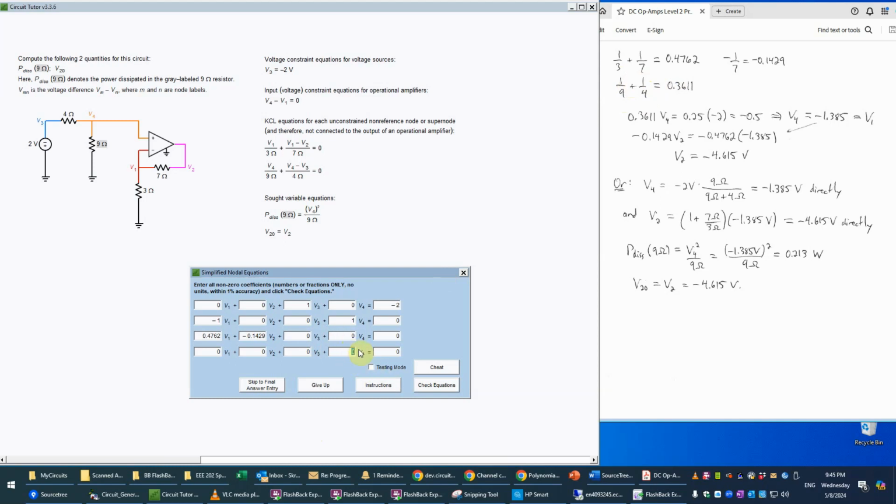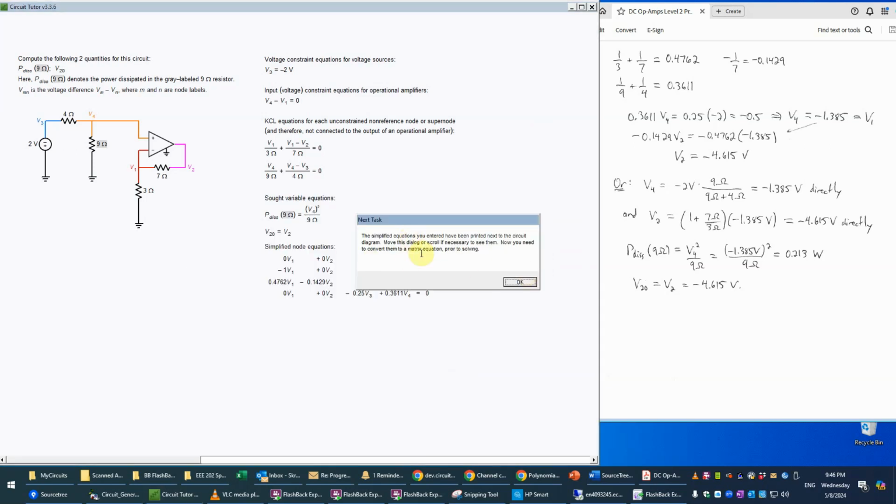And then the coefficient of V3 is just -1/4. Again, I can put that in as a fraction if I want to, or I could just type the decimal of -0.25, but it does that automatically. So now we've entered all those equations, and that should be correct. So we'll go ahead and check that, and that is correct.